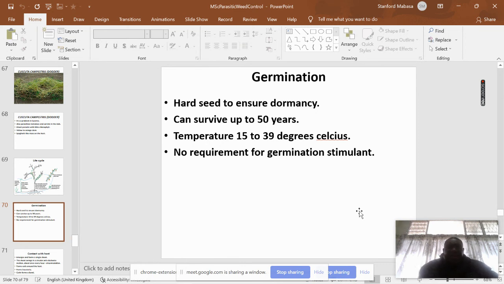So if I can just recap on the life cycle, we have got the germination, where we have hard seeds to ensure dormancy and can survive for 50 years. Temperatures between 15 to 39 Celsius can allow germination, but no germination stimulant is essential for this process.